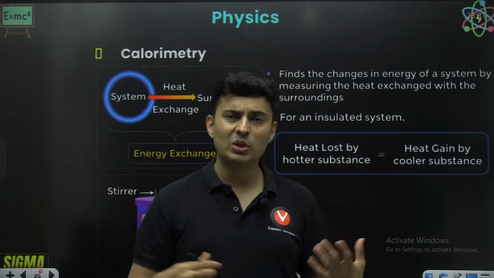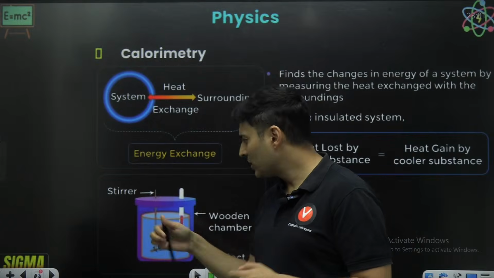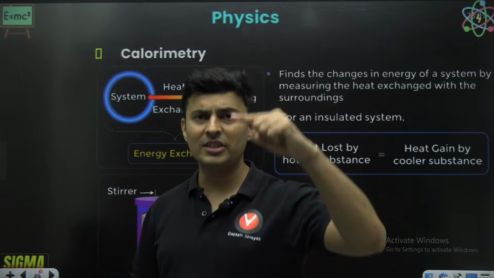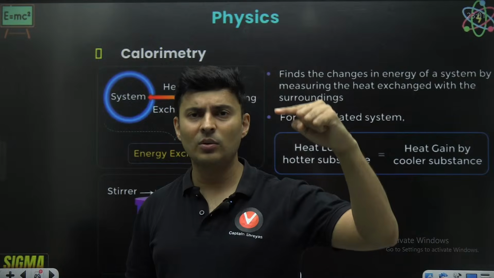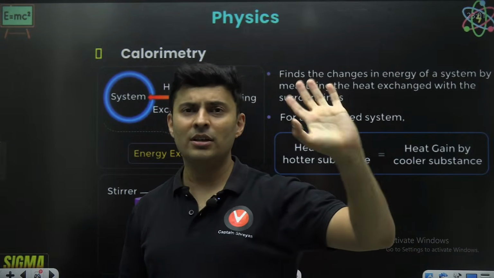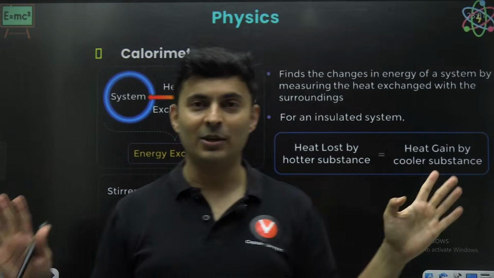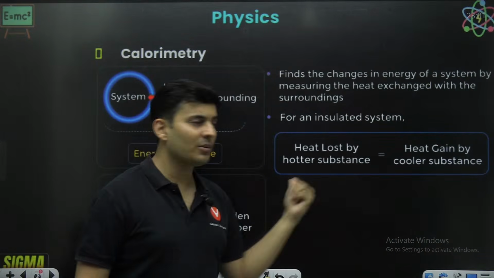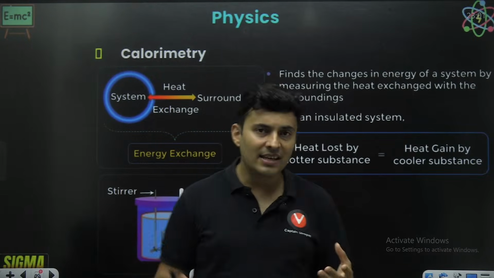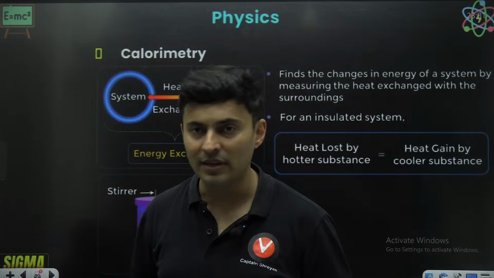In that process, you will see the temperature on the thermometer kept inside will first fluctuate and then slowly settle down. Once it reaches equilibrium, the battle is over. So the heat lost by the hotter one is the heat gained by the colder one until they reach the equilibrium phase.